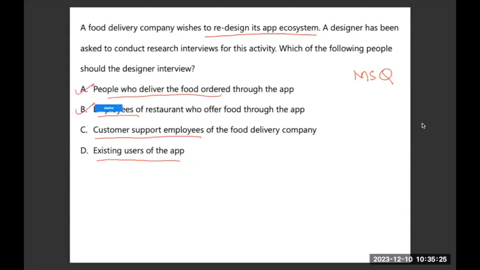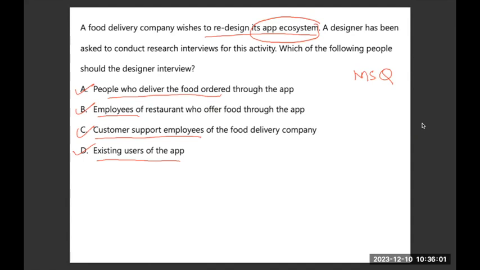All four people are important. If I'm completely redesigning the whole app ecosystem, I'm not catering to one issue. I'm redesigning the whole app ecosystem itself. So every person who will be taking part in any kind of small service, be it the person delivering, the employees of the restaurant packing the food and keeping it ready, the customer support employees who will be in touch with the customer or the delivery person for any issues, or the existing users or customers of the app.